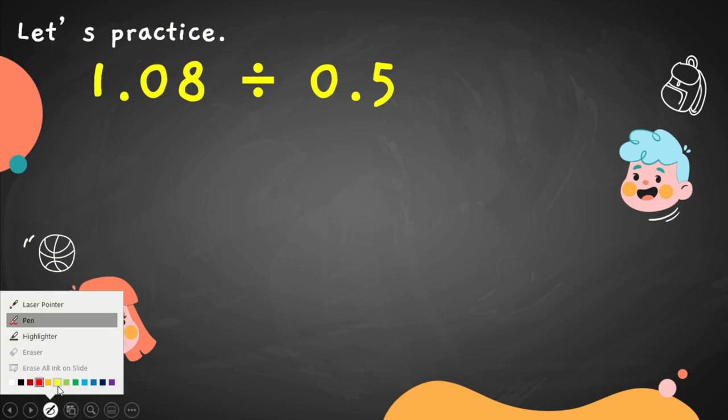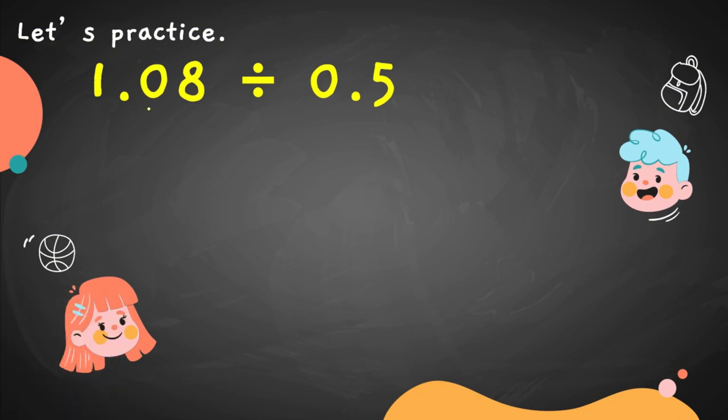So, we have here 1 and 8 hundredths divided by 5 tenths. So, again, isusulat ko lang ulit para mas madali nating masolve. 1 and 8 hundredths divided by 5 tenths. So, uulitin ko po, kapag ang divisor ay decimal number, gagawin natin siyang whole number sa pamamagitan ng pag-move ng decimal point nito.